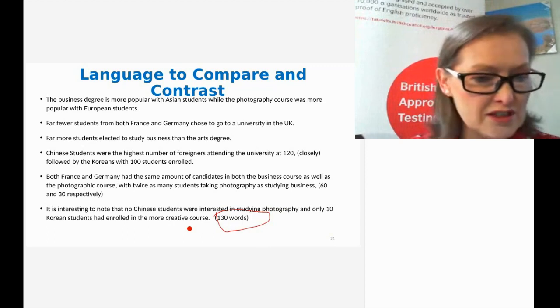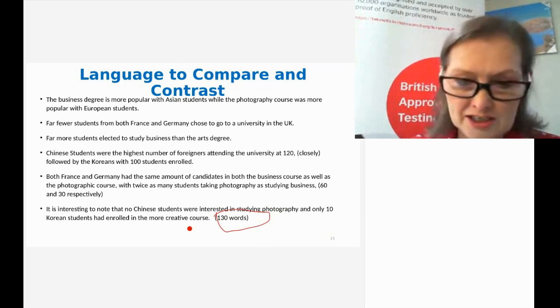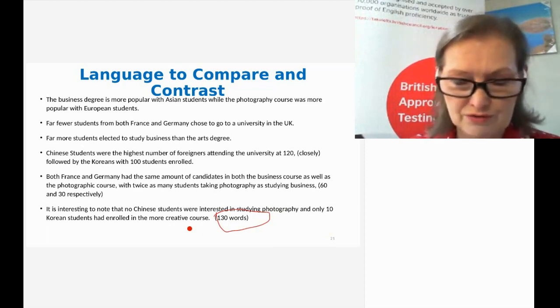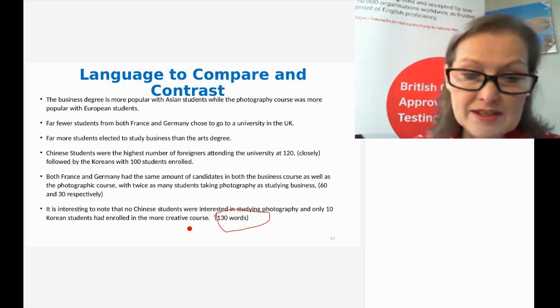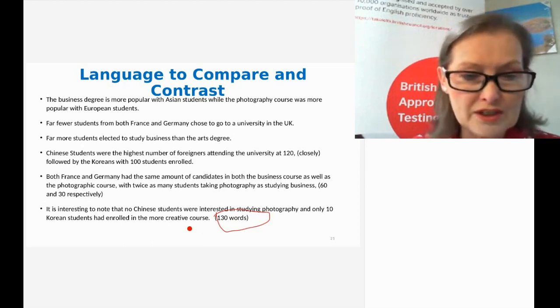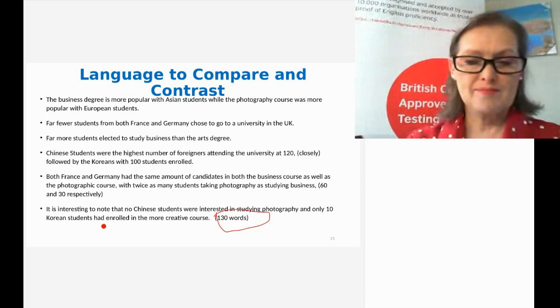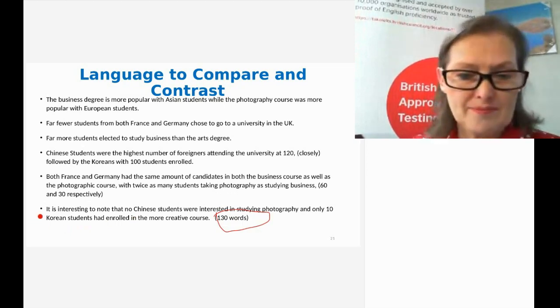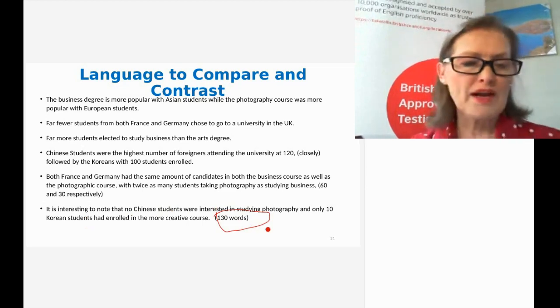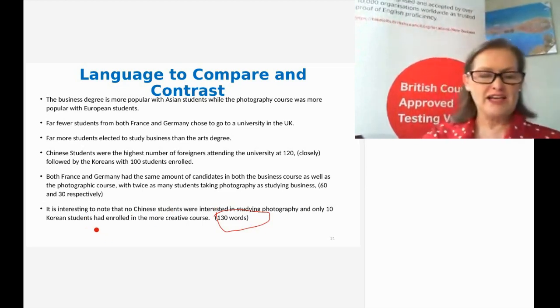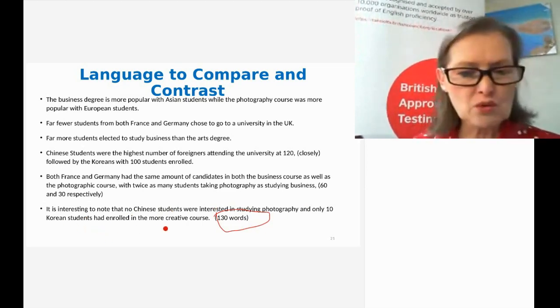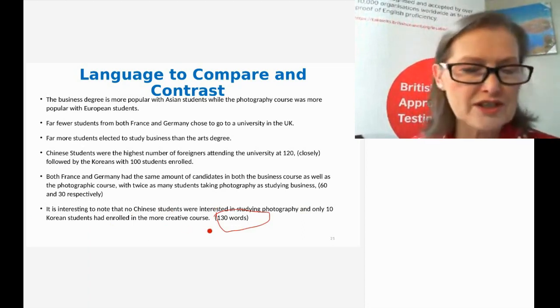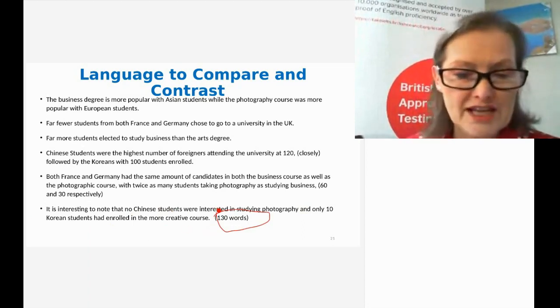It's interesting to note that no Chinese students were interested in studying photography, and that only 10 Koreans had enrolled in the more creative course. So that's a way that I like to end it quite nicely without writing a conclusion, and it doesn't necessarily leave it hanging in mid-air.